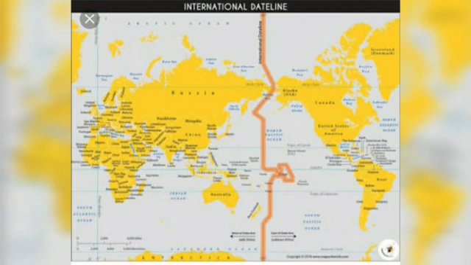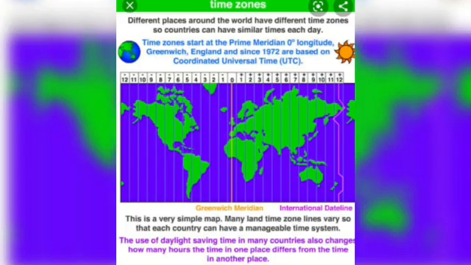Now this is the line that passes through the middle of the Pacific Ocean, and as said, there is no landmass in between. So the slight deviation has taken place to adjust the island nations here. Otherwise, these nations would have 2 dates at one single time.